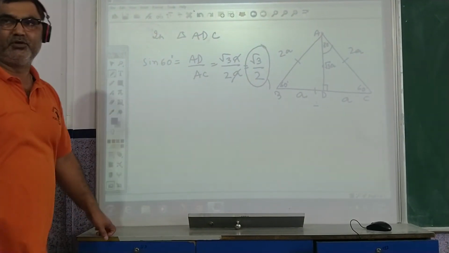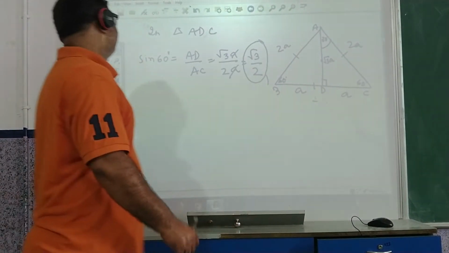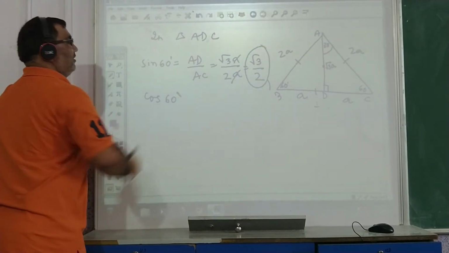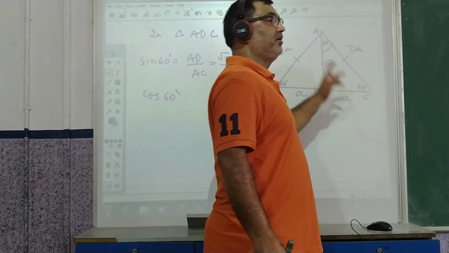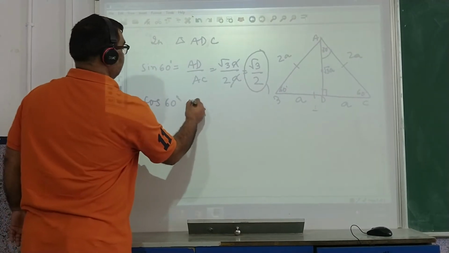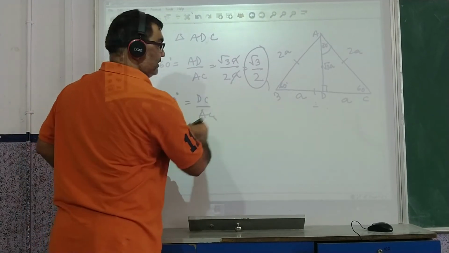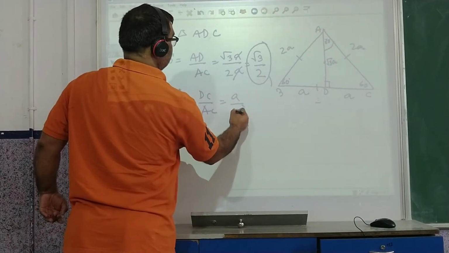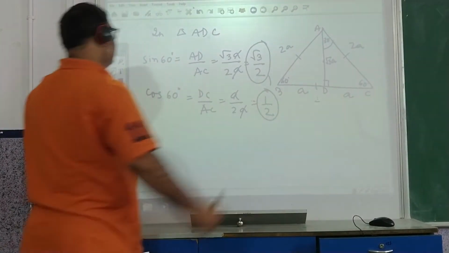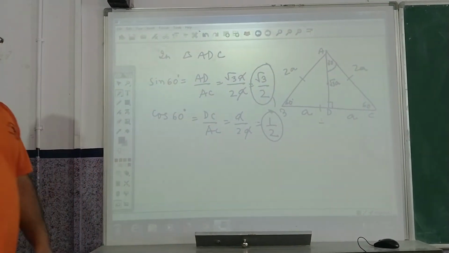Value for sin 45 you know is 1 by root 2. Value for sin 60 is root 3 by 2. Now I am finding the cos 60. For cos, B by H, DC by AC. DC is A, AC is 2A. So A cancels, 1 by 2 is the value for cos 60.